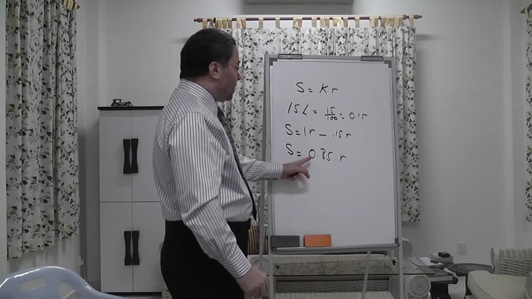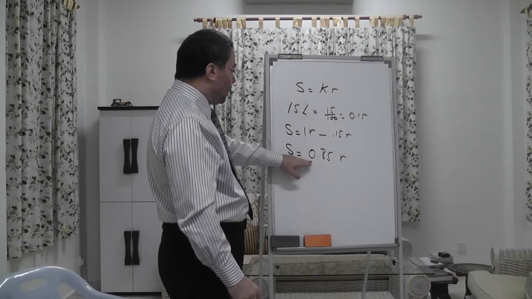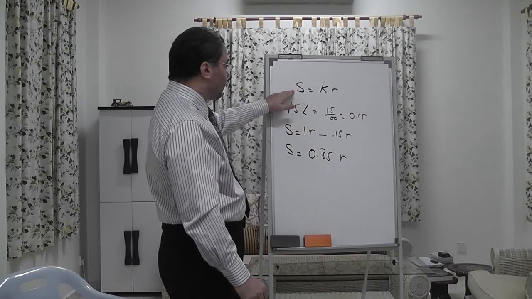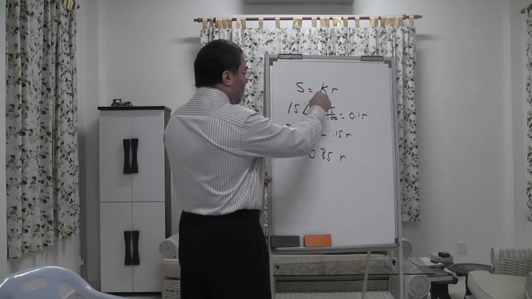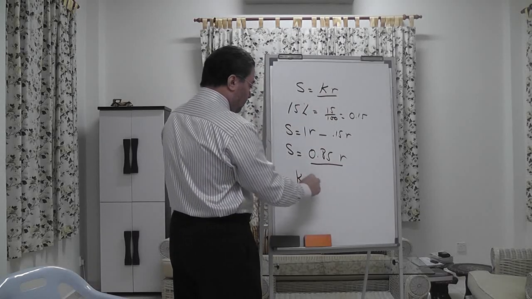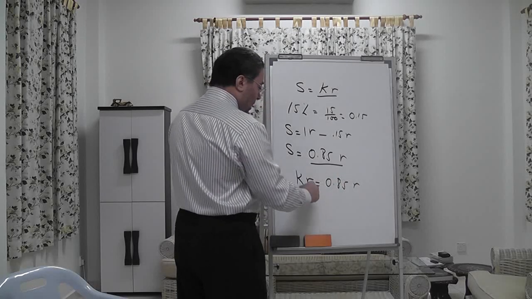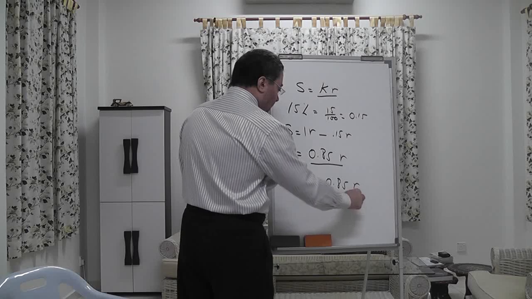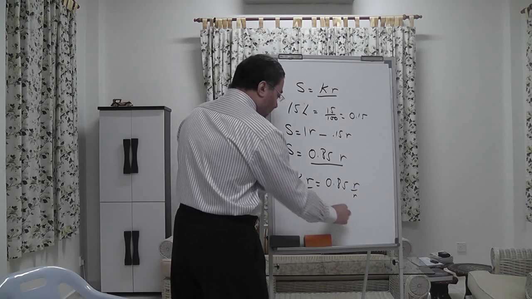In this specific situation where we are having 15%, we are going to equate this sales price to this sales price in general. And so this amount is going to be equal to this amount. KR equals 0.85 R, and we divide both sides by R, and we get K equals 0.85.